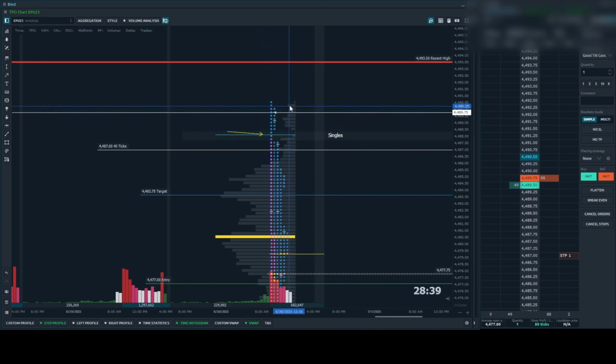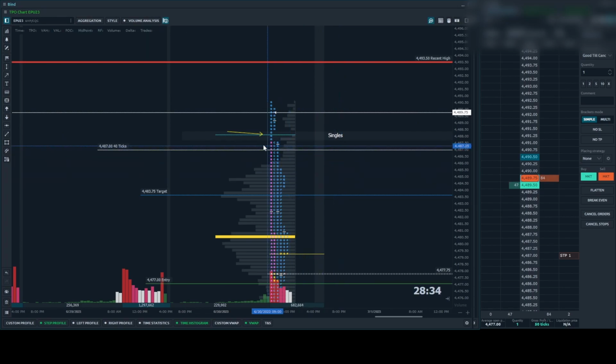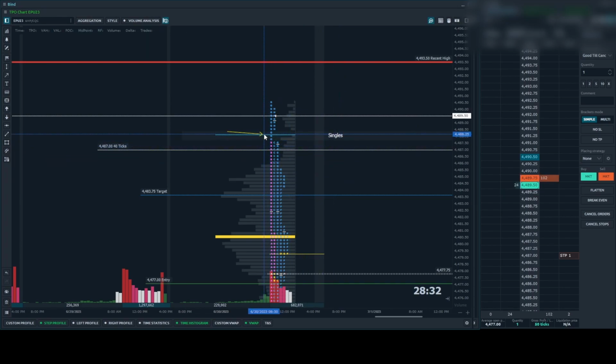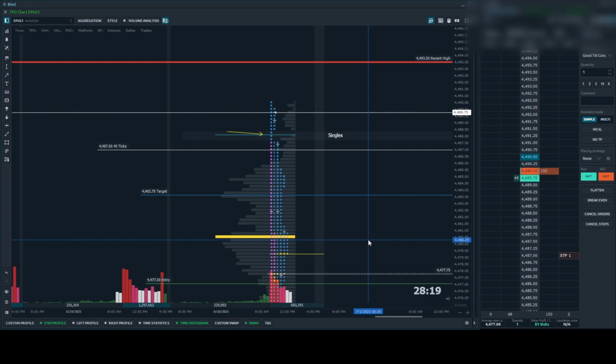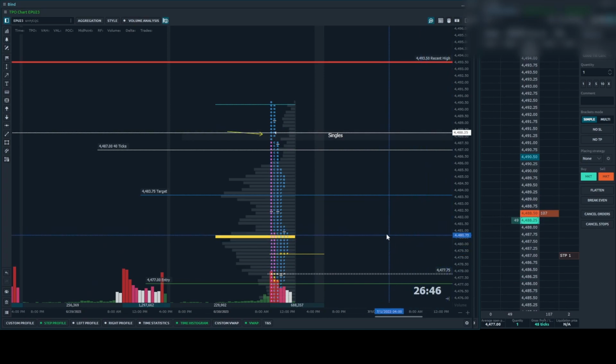See this node that it's building. So here that H period, it's filling those singles.